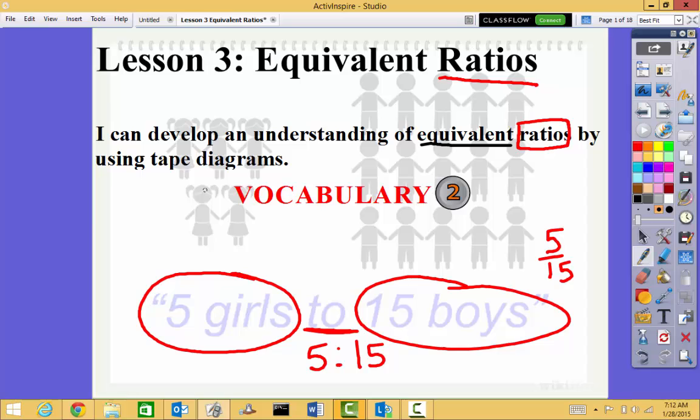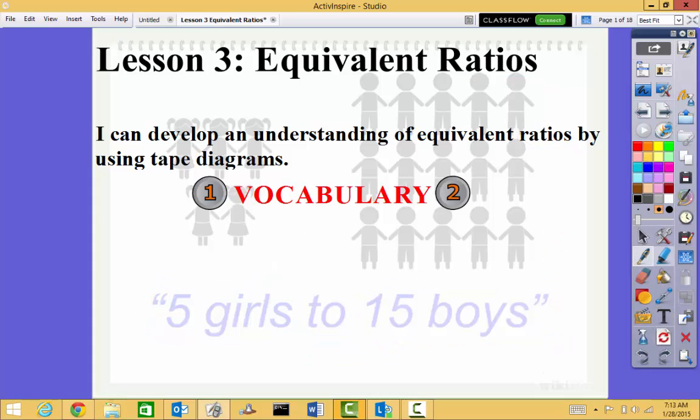What does equivalent mean? Well, equivalent means that they are equal. So that base word in equivalent is equal. What's the other word that we have? Well, it's this tape diagram. So tape diagram, remember, is what we use to make models. So tape diagram is when we have rectangles that represent numbers.